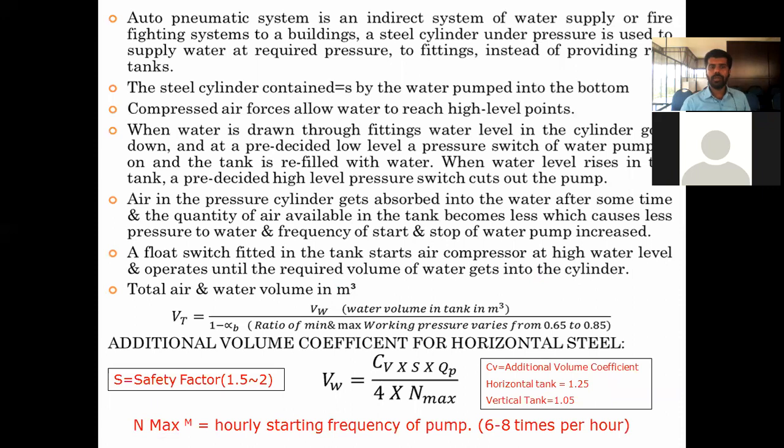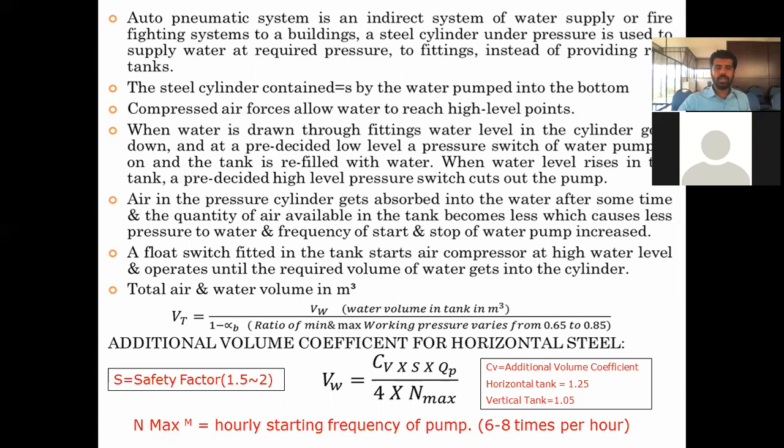It will be set up in such a way that the air compressor starts at the high water level and runs till the required water volume.